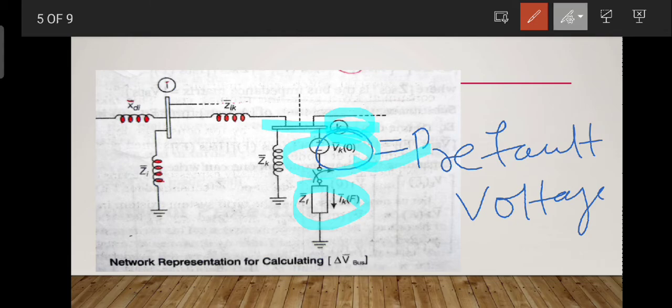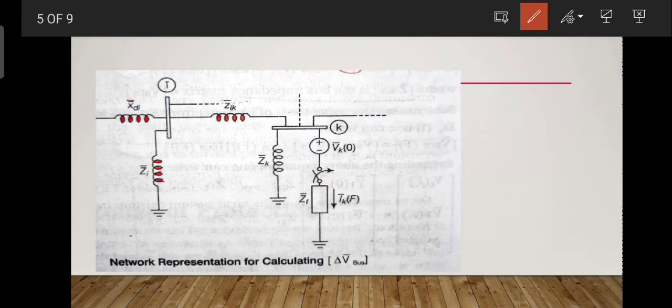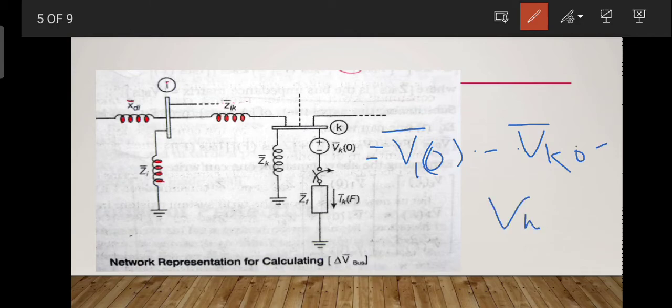This pre-fault voltage vector is equal to, let me write here, V_10 ... V_K0 ... V_N0 transpose, in per unit. Okay, remember that, in per unit.